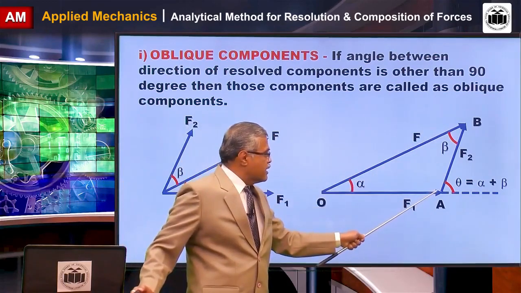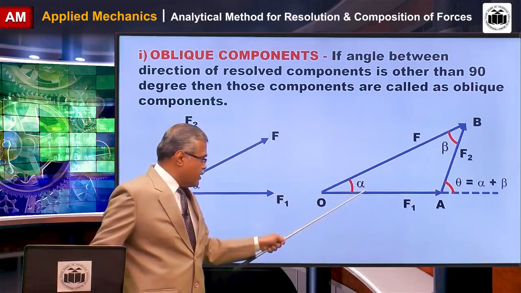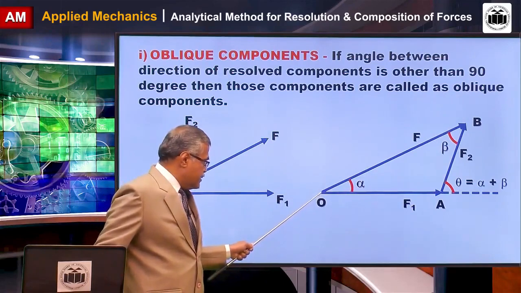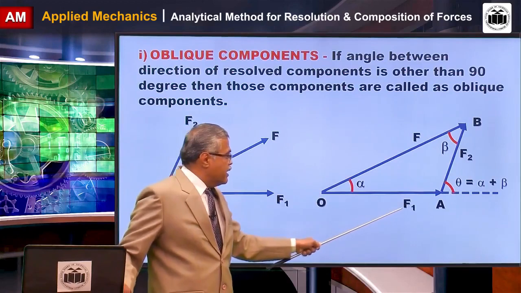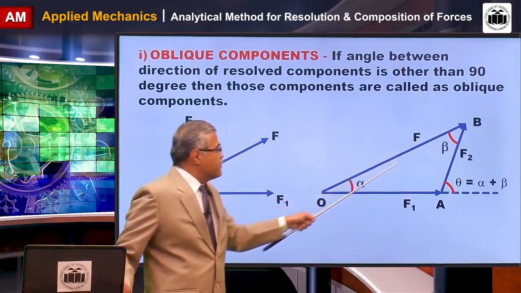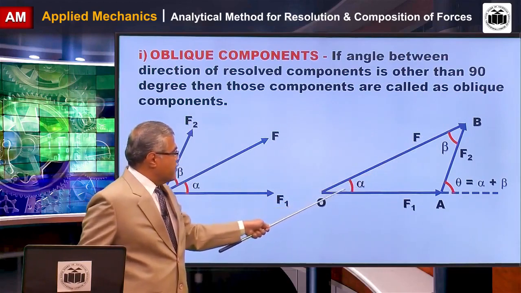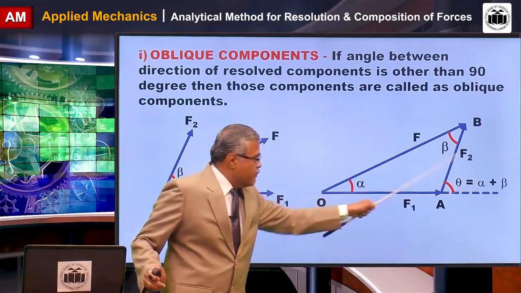They will intersect over here, and this triangle is formed. In this triangle, we have O to A as component F1 and A to B as component F2. Here this angle is alpha as we know, then this angle becomes alpha plus beta.